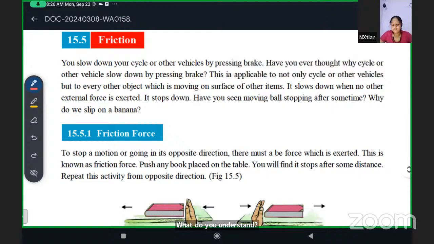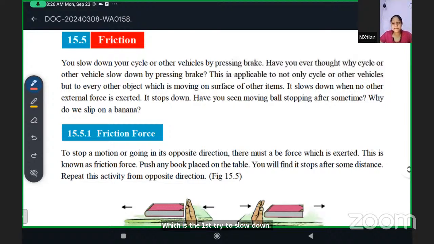Friction is the force that is applied to, like, if I have a car with me on this side, friction is the force that tries to slow it down. That slows it down. Okay, very good.